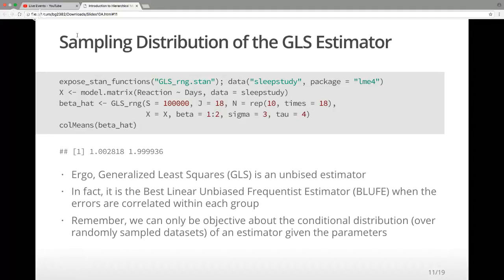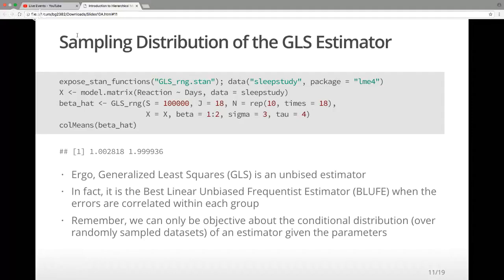It means the smallest variance among estimators that are both linear and unbiased, and that smallest variance refers to the sampling distribution, the one thing that we can be objective about, that being the conditional distribution over data sets that have been randomly sampled from the same population of an estimator given the parameters.